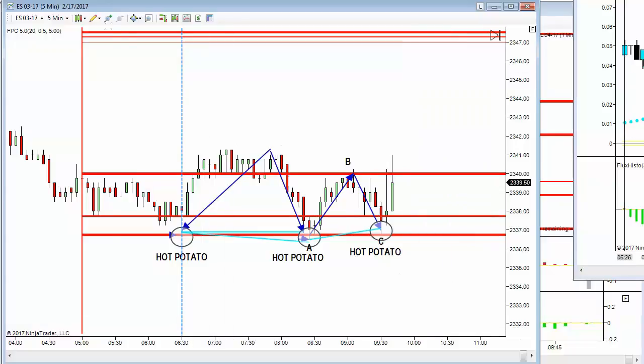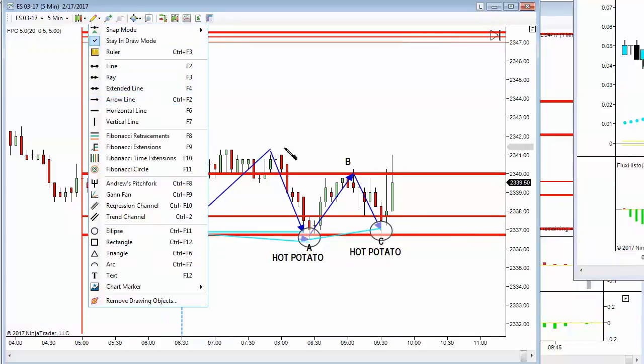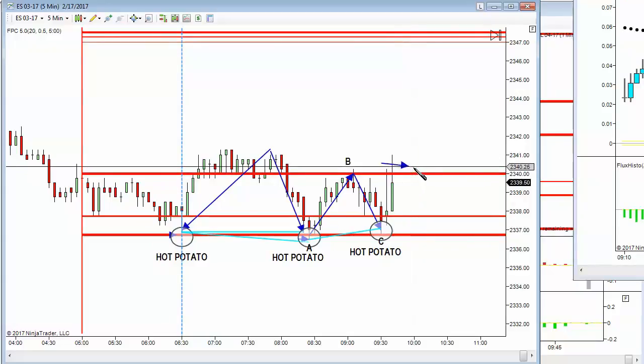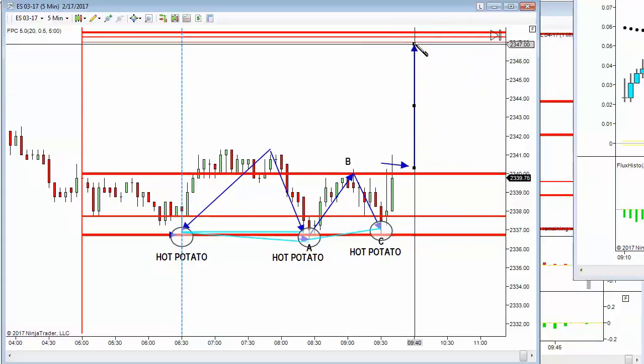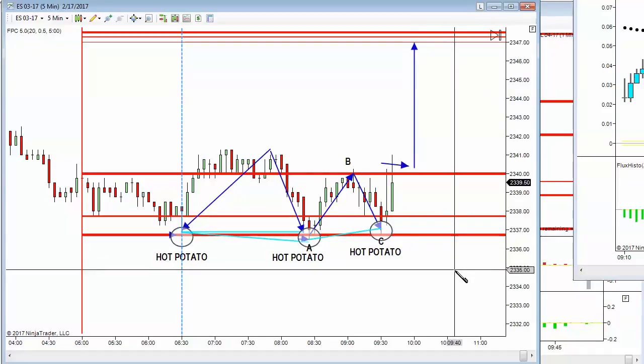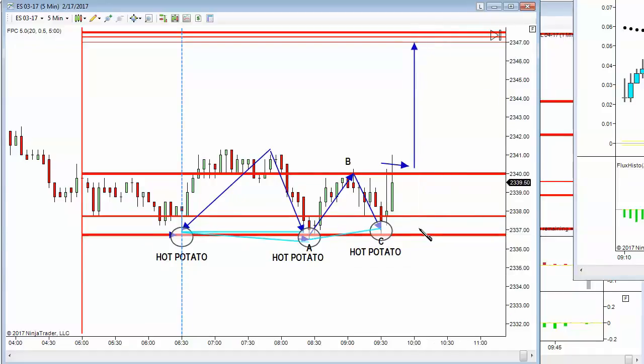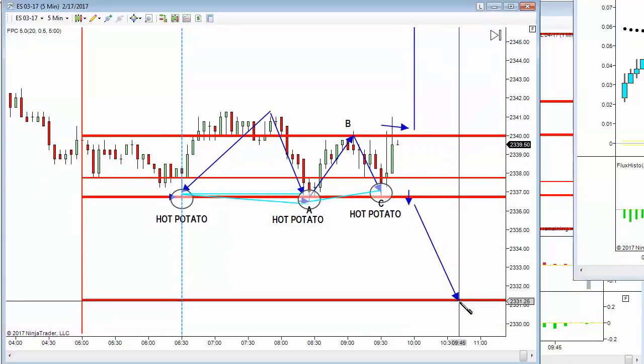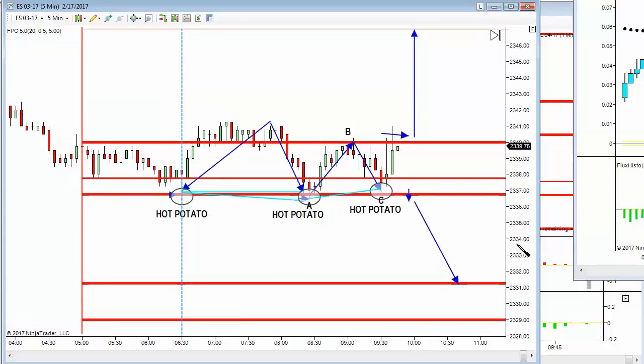So if this candle, think about it, ready? If this candle closes above this line, it's very likely going to go back up to 23.47. If the candle closes below this line, it's very likely, Mel, to go back to 23.31 quarter.